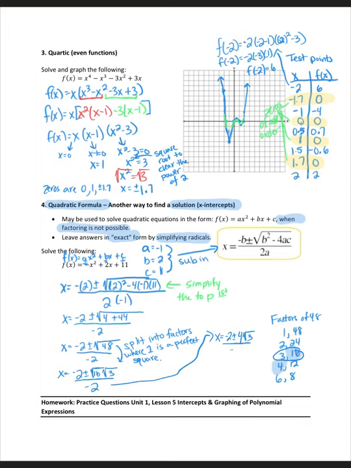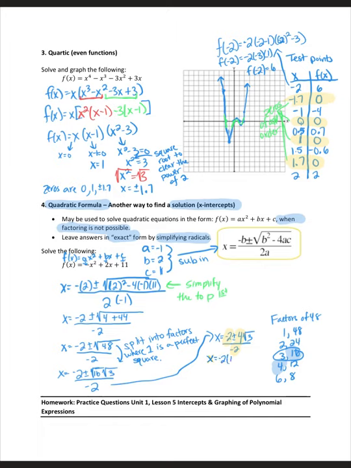Now I look and see that I have these even numbers: a negative 2, 4, and 2. Those are all even numbers, so I should be able to factor out a negative 2 from my numerator.